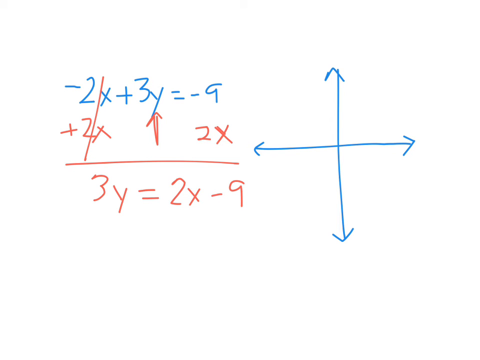We almost have it in slope-intercept form, but we are going to have to divide everything by 3. So every single term is going to be divided by 3, so you can write it this way as well. Divide this by 3, divide this by 3, divide this by 3, and you end up with y equals 2/3 x minus 3, which is the exact same equation that we had originally in the y equals mx plus b form.